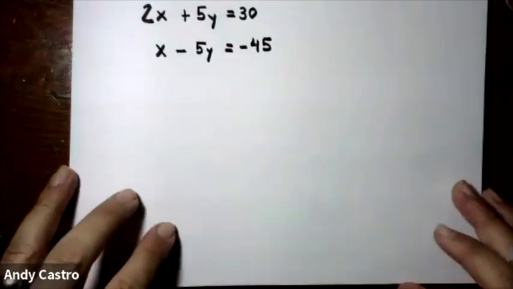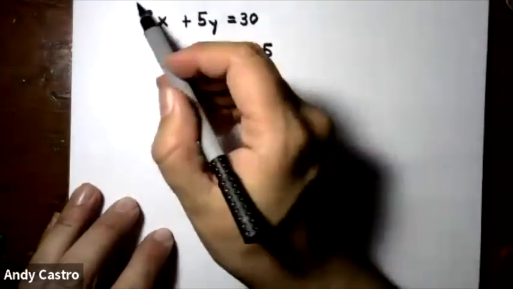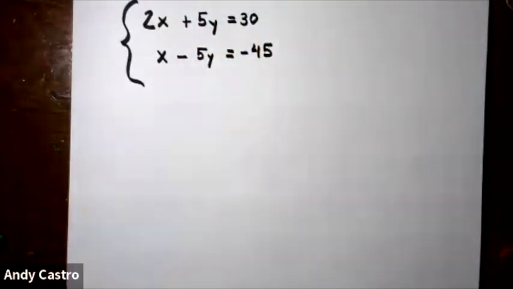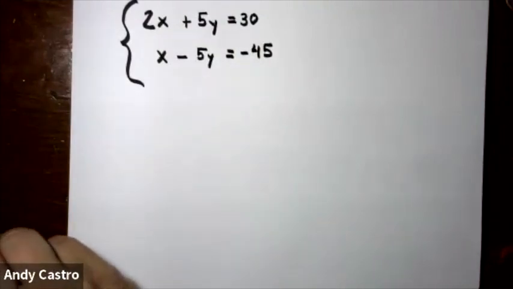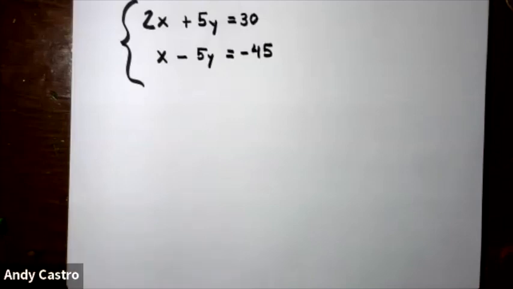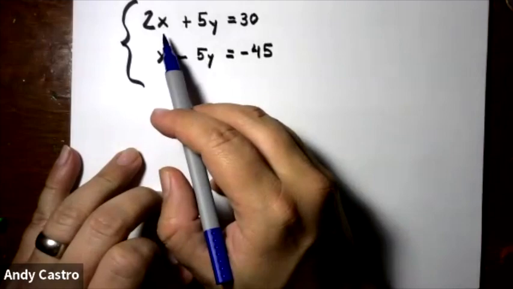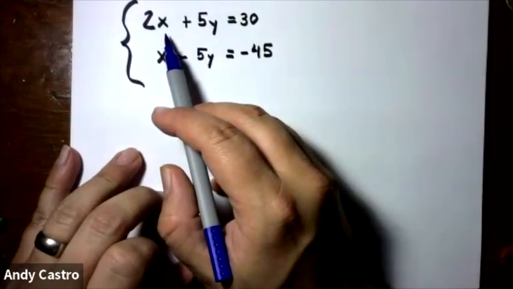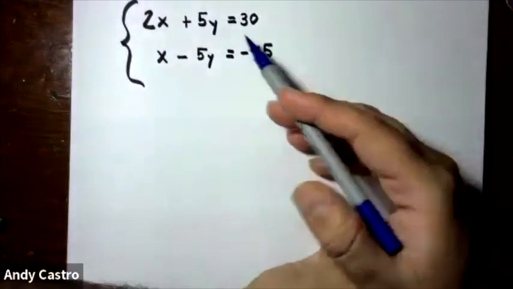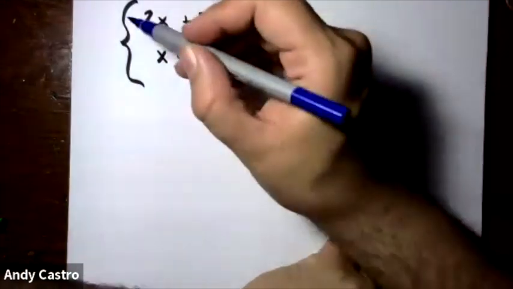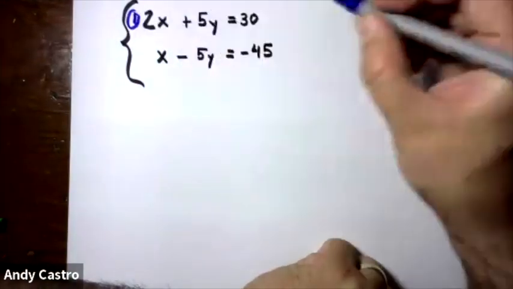All right. So if this is a system of equations, I can graph those two. What I'm going to do is make some points. I'm going to call this equation 1, and I'm going to do it in blue.